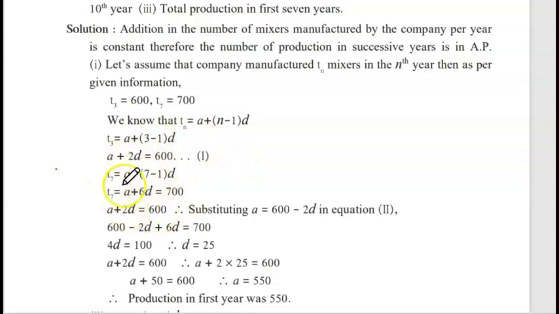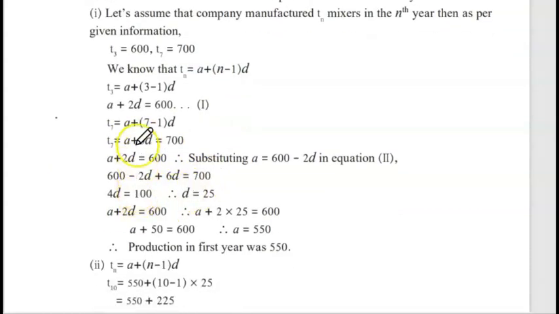What about the second? T7 is equal to a plus 7 minus 1 into d. Therefore, a plus 6d is equal to 700. Okay. First equation, that is a plus 2d is equal to 600. From this equation, we will find out the value of a. And therefore, substituting a is equal to 600 minus 2d in equation number 2.